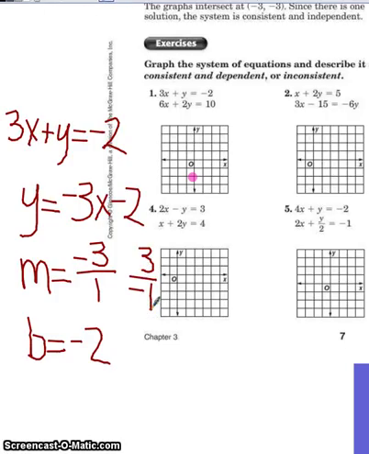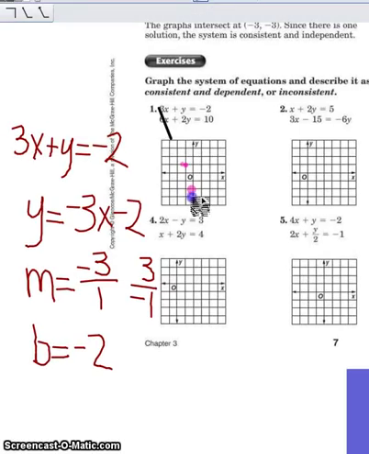It's the same thing. So in this case, I'll have to go up 3, 1, 2, 3, and to the left 1, giving me a point about right there. And then I'm going to connect my dots. It's very crucial, guys, that you connect these dots accurately, because where the lines cross is going to be your intersection. So now I'm going to do my other line.